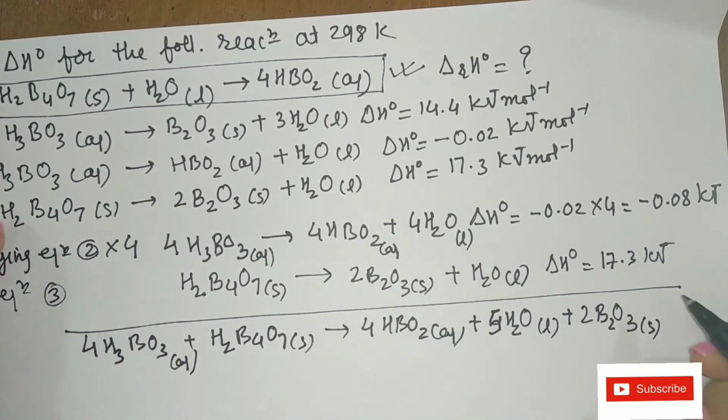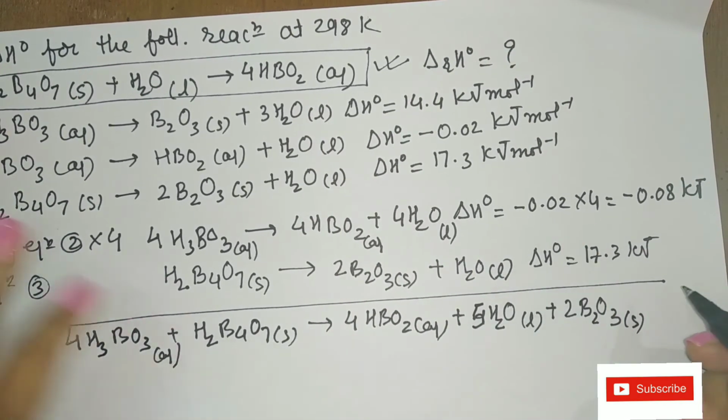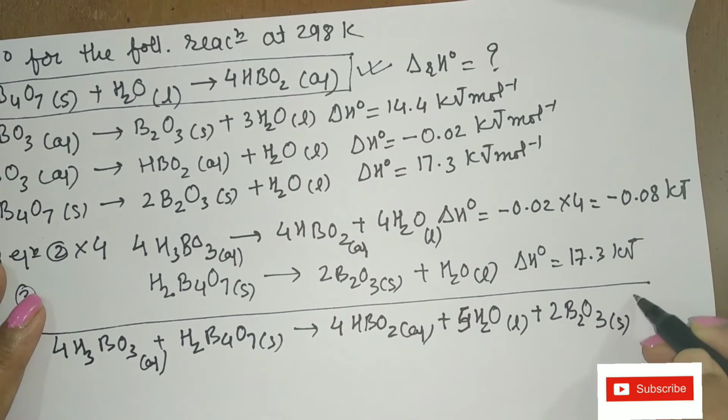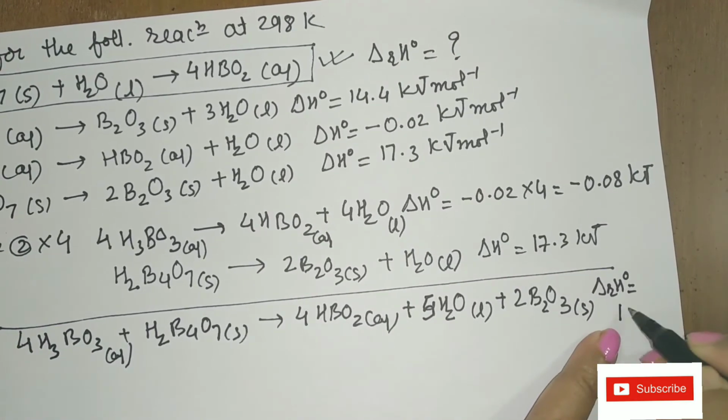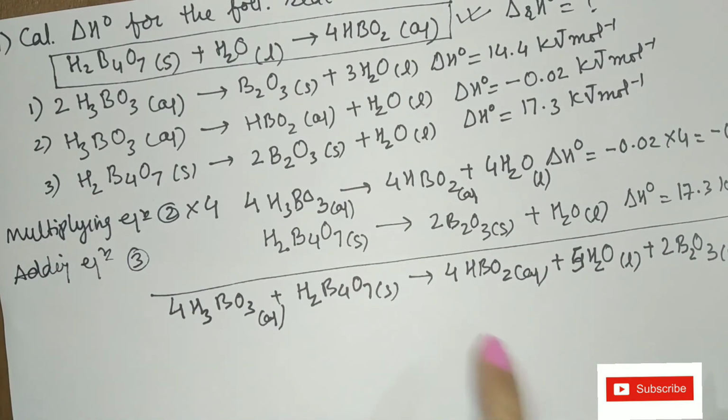As I have added the two equations, let us add the enthalpies also. So what you will get here is 17.22 kJ. So I have achieved up to this.